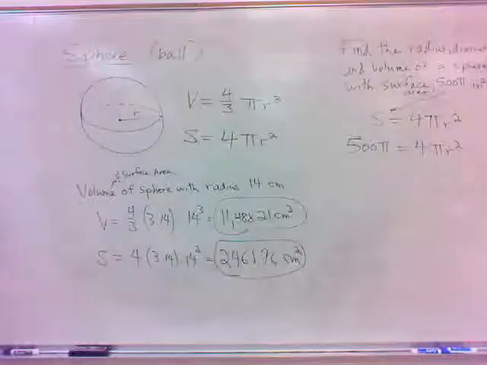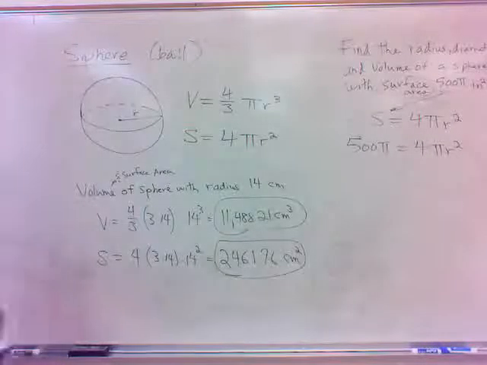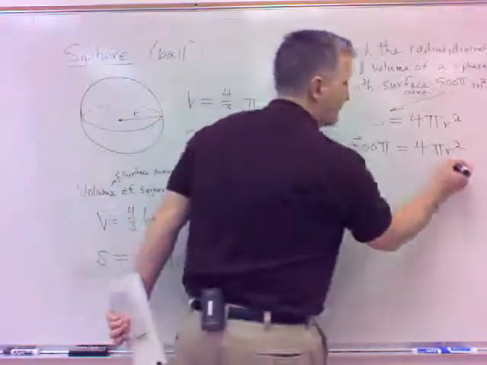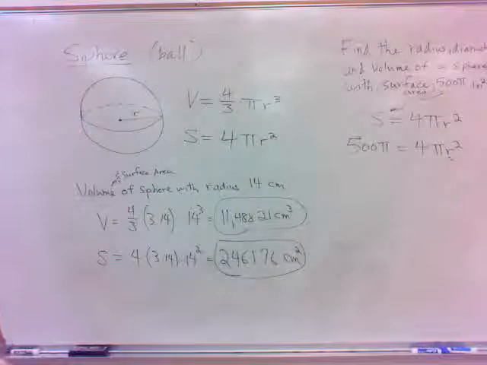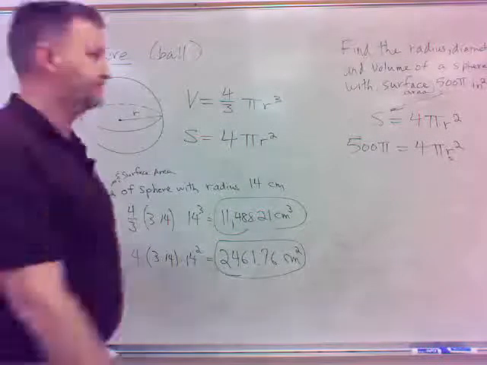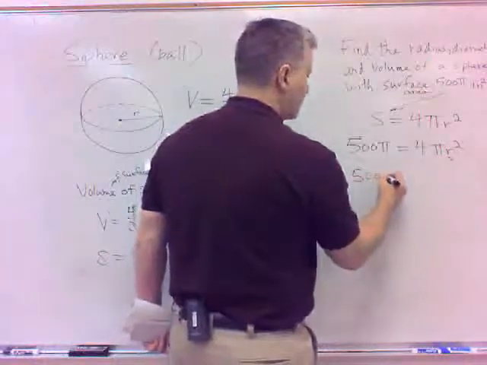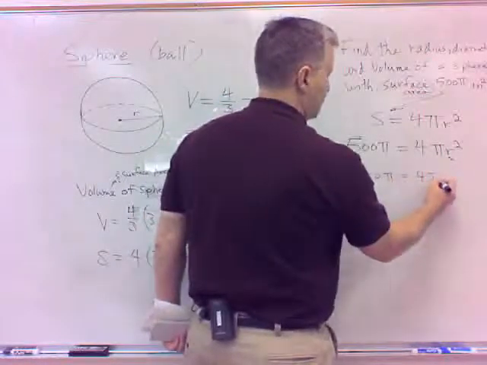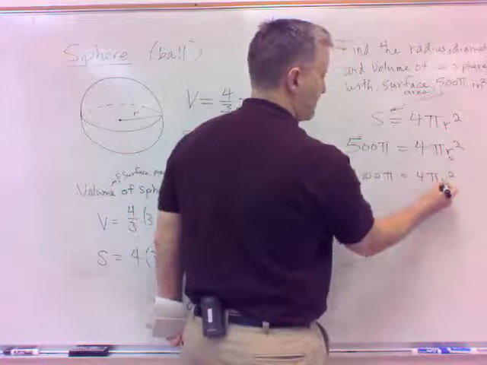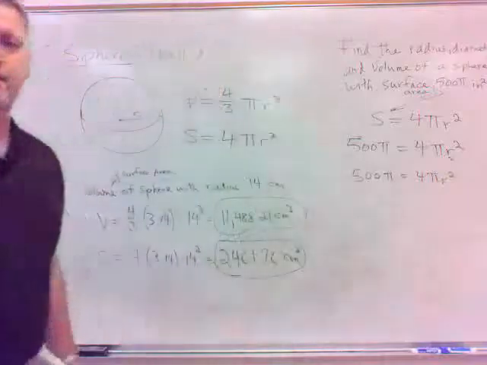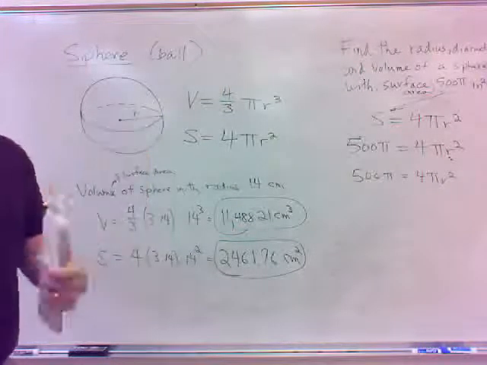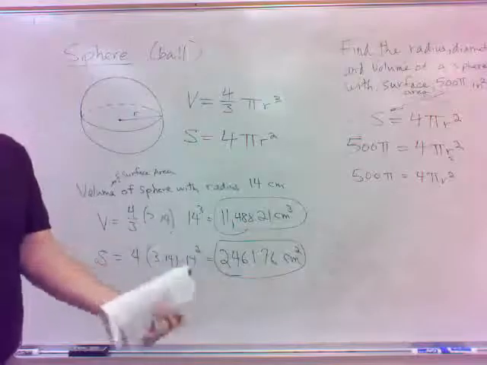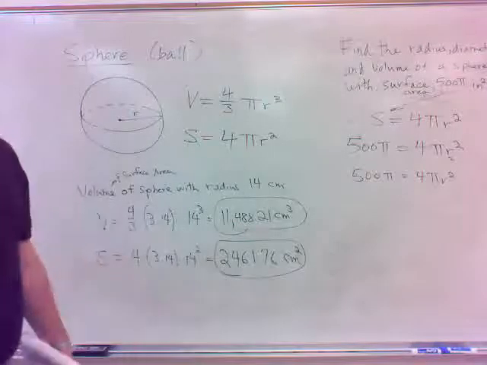So what I can do with that is find the radius. I can get the radius on a side by itself. To do that, my first step is going to be, well, I can get rid of the 4 pi because it's times the r squared, and you know, to undo multiply, you divide, to undo addition, you subtract, and vice versa.